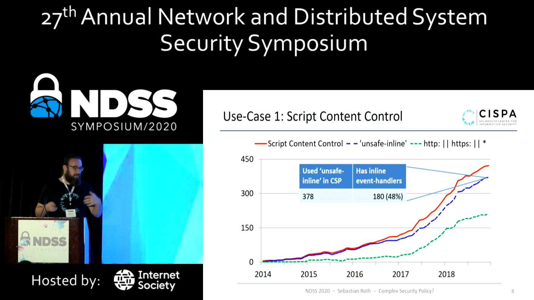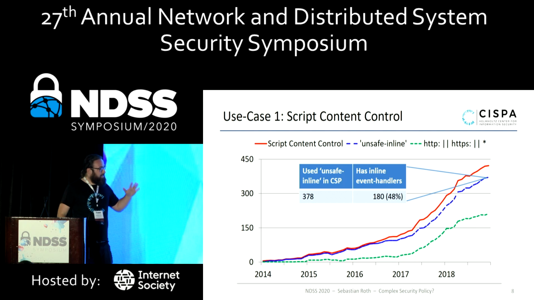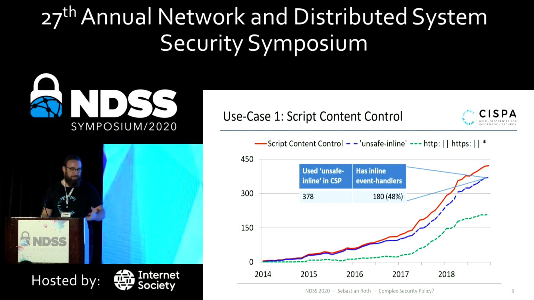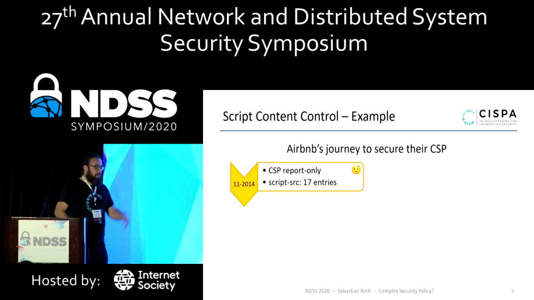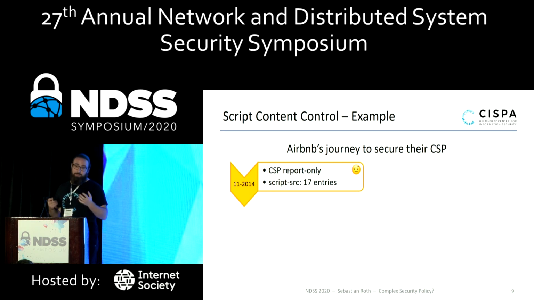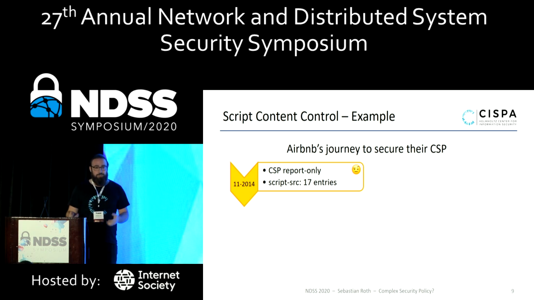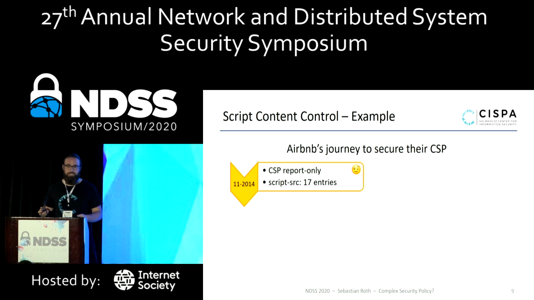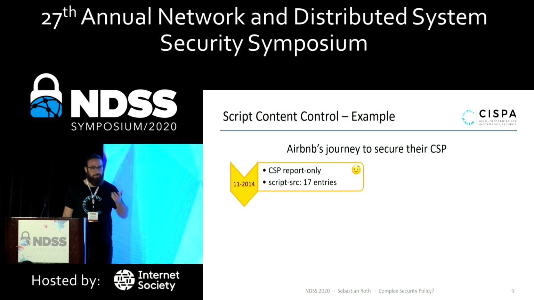So here, then, we ask the question whether deploying CSP is really that hard. So let's take a detailed look at an example. Airbnb, for example, started their journey to a secure CSP in November 2014 with a policy in report-only mode. Those policies are not enforced, but violations are reported back to the developer.